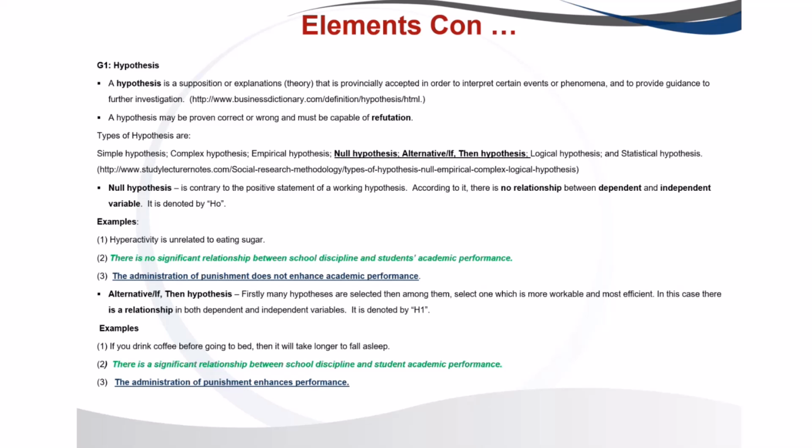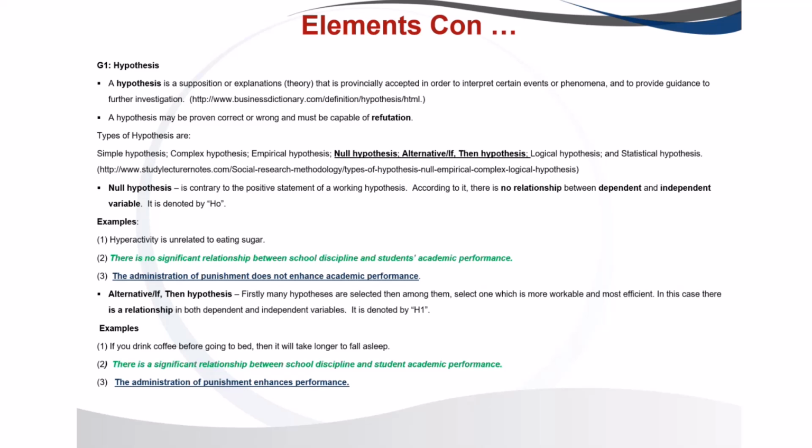In other words, a person can just be hyperactive without taking any sugar. But if you look at the if and then, it says if you drink coffee before going to bed, then it will take longer to fall asleep. In other words, between drinking coffee and sleeping, there is a relationship. Well, it needs to be proven.